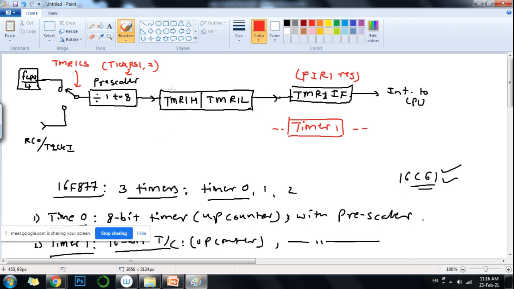You can see that it has a 16-bit count register where you can store the 16-bit count initially, and that count will go on incrementing with every input clock pulse. There is a prescaler. We will see how to set that. But that prescaler can divide the input frequency by a factor of 1 up to 8.